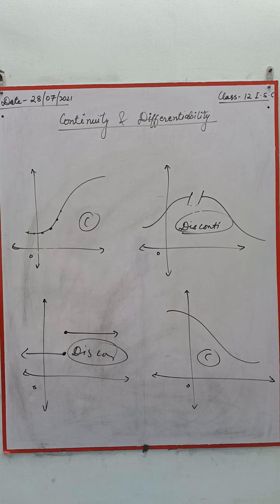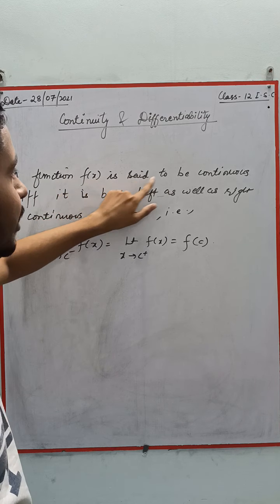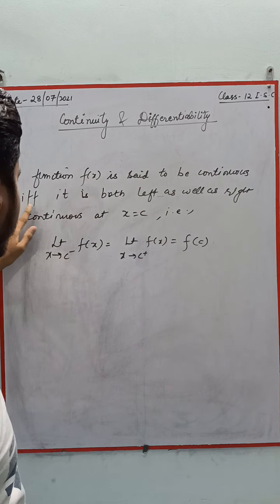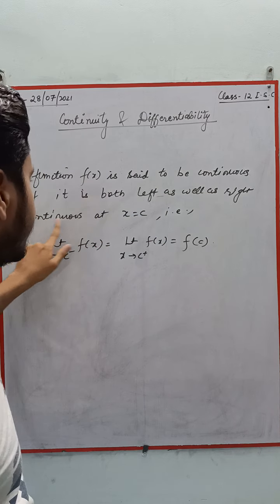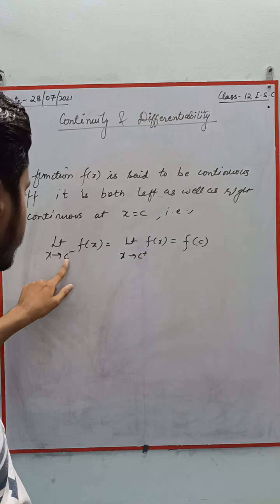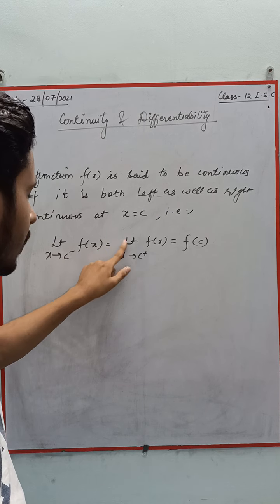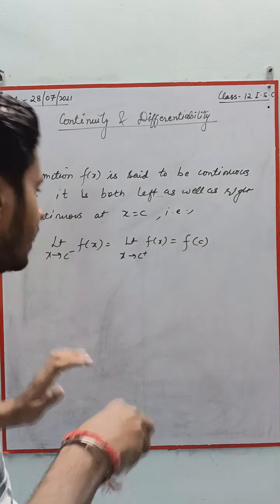Here I have written a very important definition. Let us read. A function f(x) is said to be continuous if and only if it is both left as well as right continuous at x equal to c, that is, limit x tends to c minus f(x) should be equal to limit x tends to c plus f(x) should be equal to f(c). What is the meaning of this?